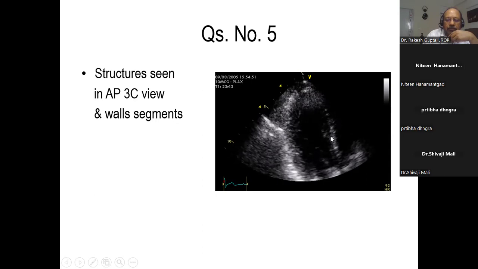This is LV. I know everything is LV. So what is this part of LV? Interventricular septum? No, it's not interventricular septum. It's very classical. It's a three-chamber view. Look, this option says three-chamber view. So what is this?